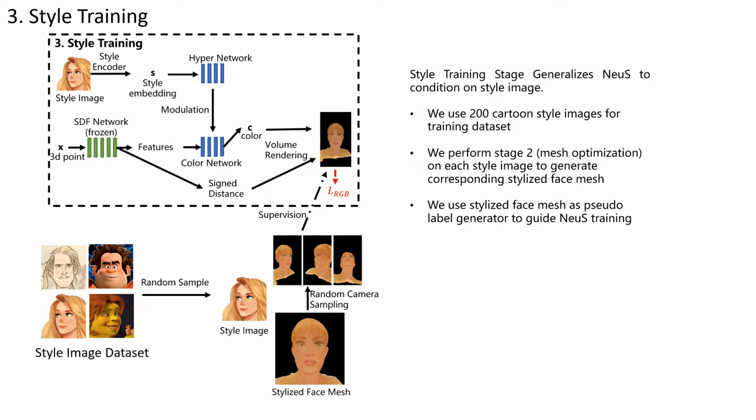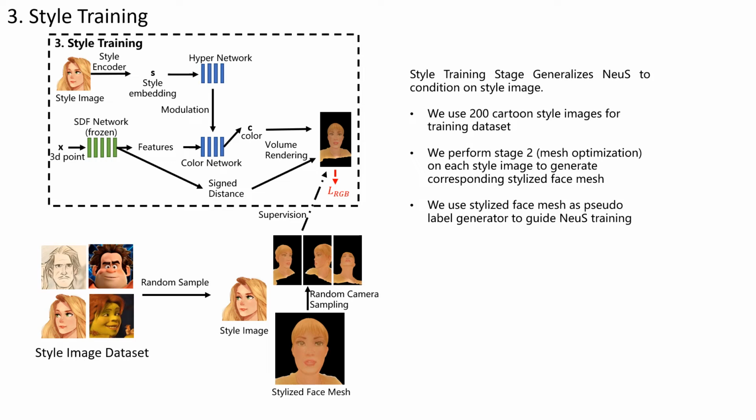At stage 3, we further extend the NeuS model to be conditioned on the style image. We design a hypernetwork whose input is the style embedding, and the output is the weight of the color network in the NeuS model. During training, we fix the weight of the SDF network to preserve the original identity, and we only optimize for the hypernetwork and the color network.